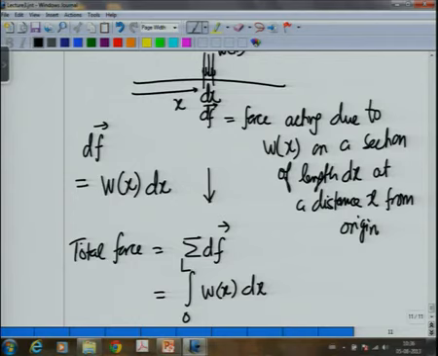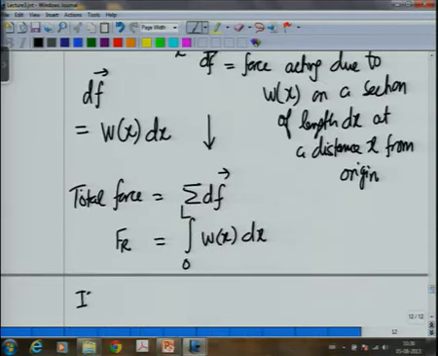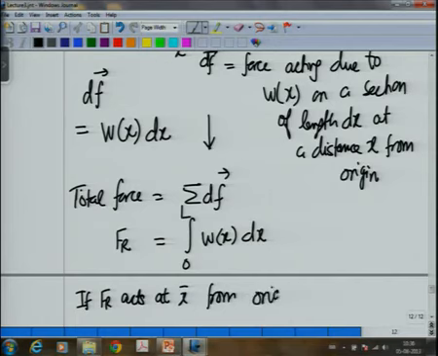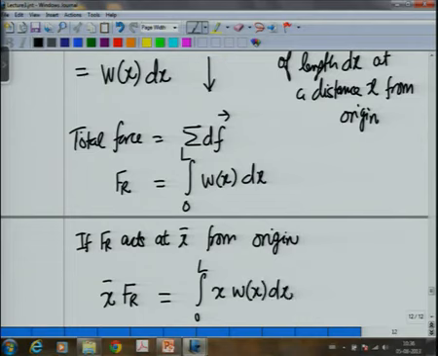Okay, and let us call this Fr. If Fr acts at a distance x bar from the origin, then x bar times Fr must be equal to the moment about the origin, that means it will be equal to the integral from 0 to L of x times W of x dx.